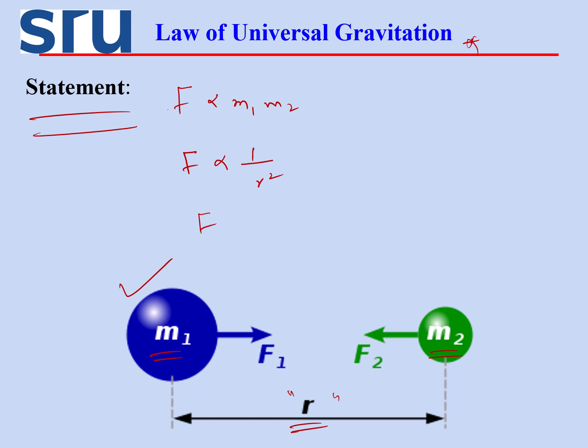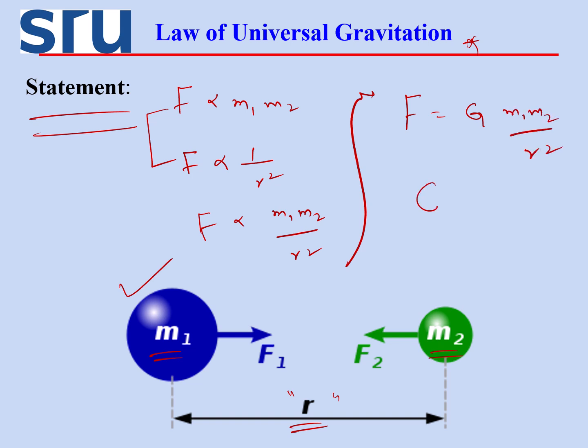So F is proportional to m1 m2 by r square. Removing the proportionality, we get a constant, that is F equals G m1 m2 by r square. This G is called the universal gravitational constant, a universal constant value, where m1 and m2 are the masses of the bodies.